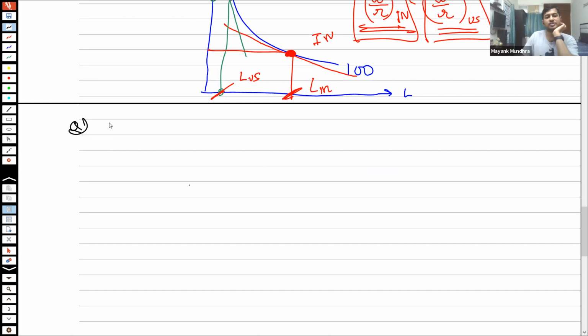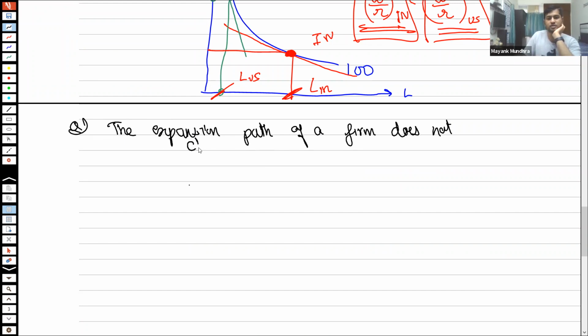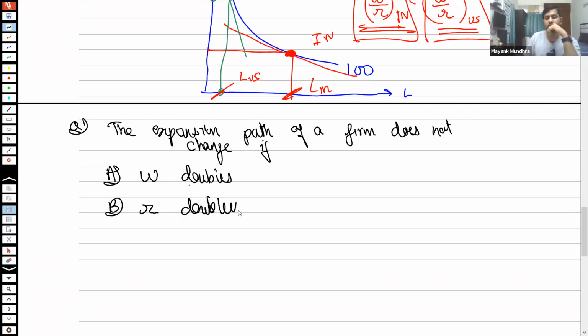Let me ask you a question. The expansion path of a firm does not change if: option A, wage rate doubles; option B, rental rate doubles; option C, W and R both double; option D, all of the above does not change.